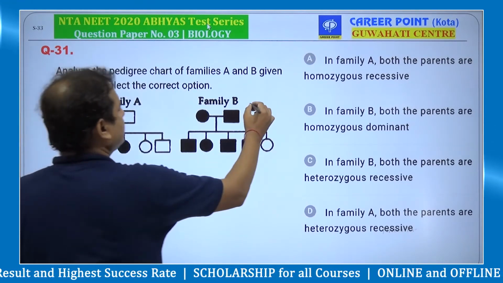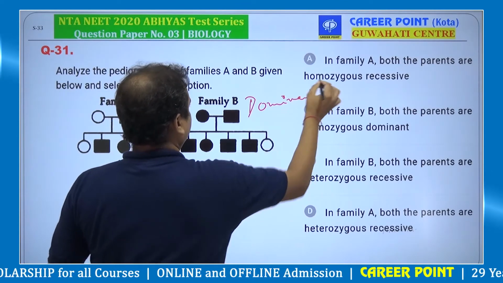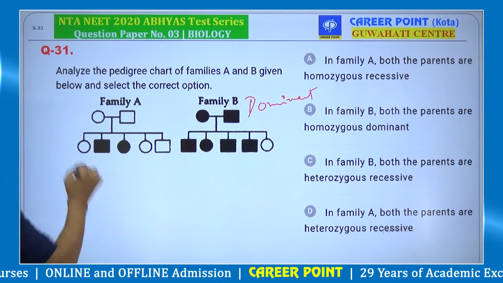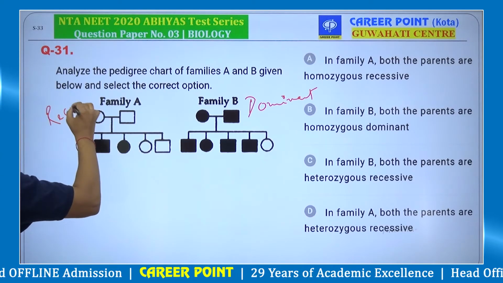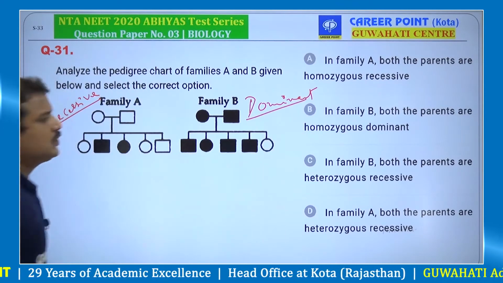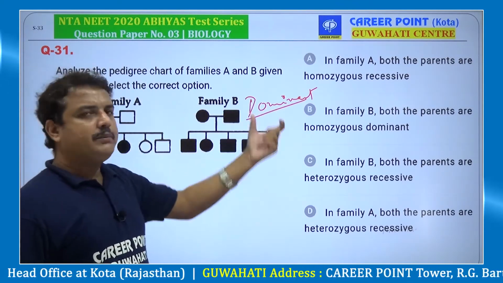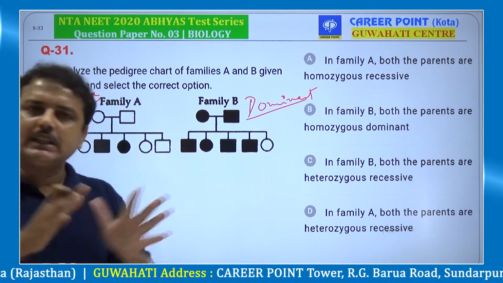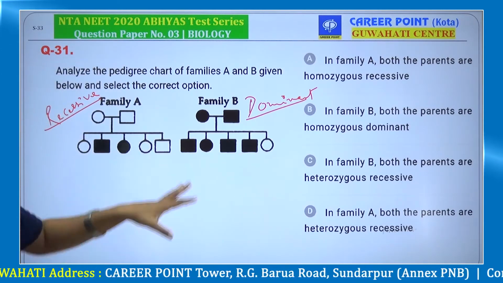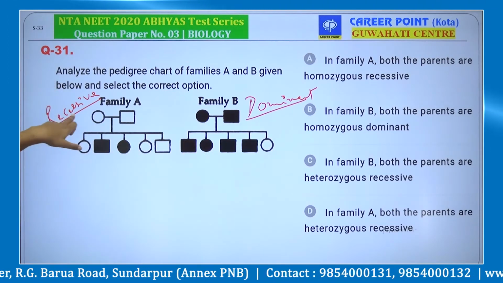So here B is dominant, but family A is recessive because their parents are unaffected. And please remember, both family A and family B are autosomal conditions, they are not sex-linked diseases. So this is autosomal dominant, this is autosomal recessive.